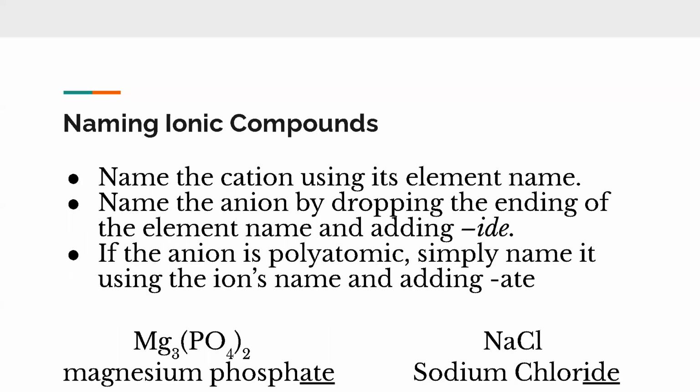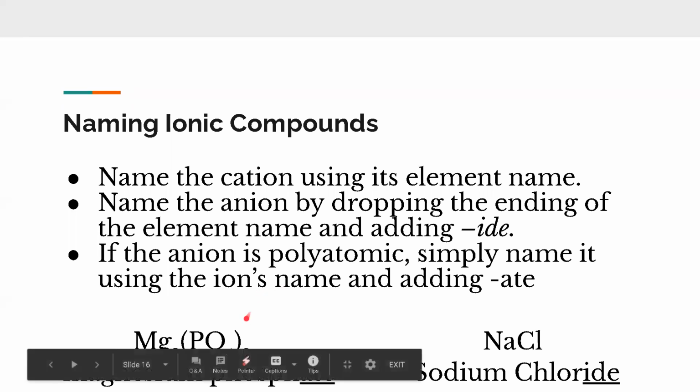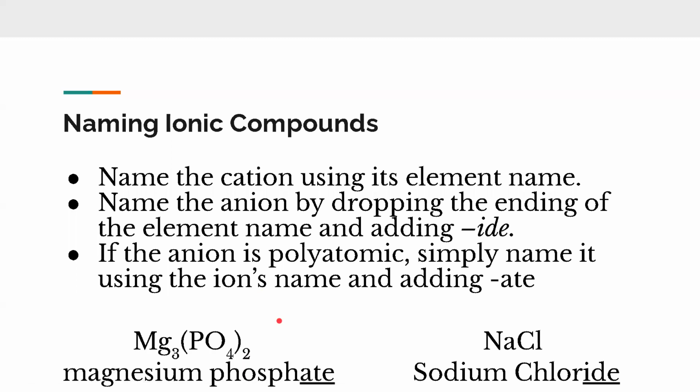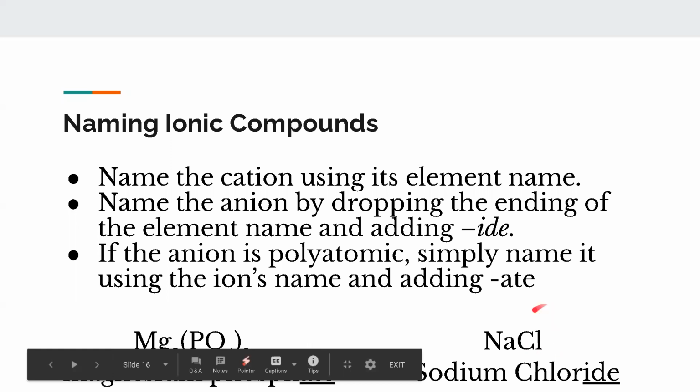So for example, sodium chloride, or magnesium phosphate, you would add ATE if it's a polyatomic ion. So here we see that it's PO4 2-. PO4 consists of phosphorus and oxygen, so that's polyatomic because it's more than one. But here it's just Cl, and that's just chloride, and that's just one, so it's just IDE.